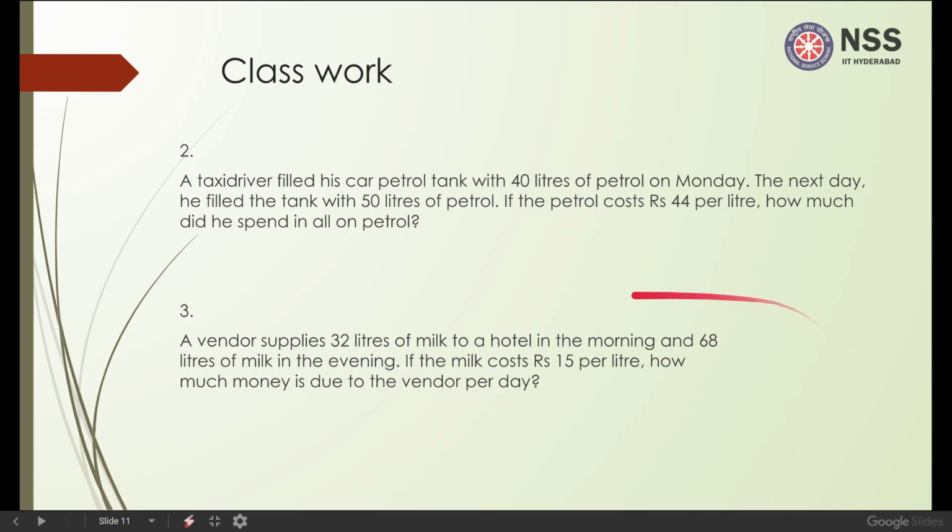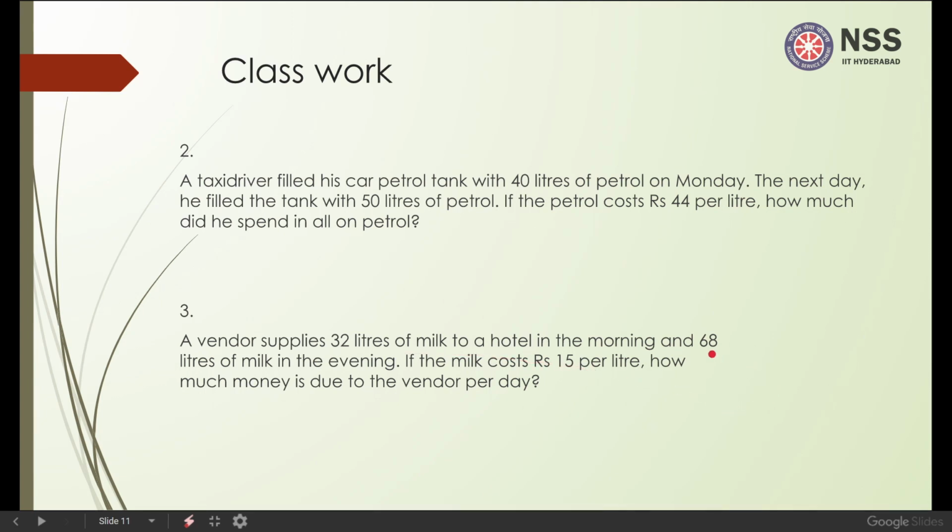Now let us try to solve this using distributive property. Let us find out the cost of milk he supplied in the morning and in the evening separately. He supplied 32 liters of milk in the morning, so the cost will be 32 multiplied by 15, which is 480 rupees. And in the evening he supplied 68 liters of milk.